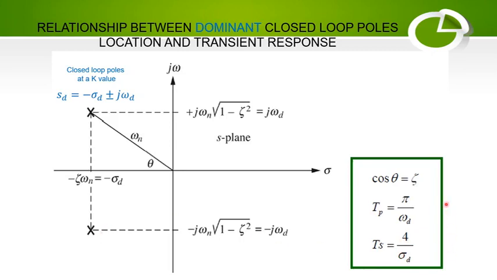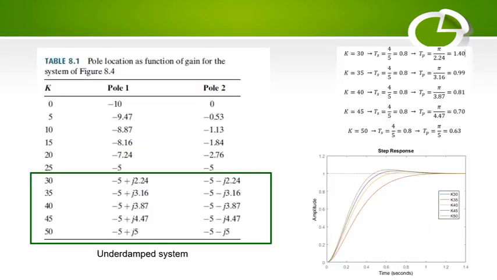So from these equations, we can see that the peak time and settling time of the transient response depend on the dominant pole's location. Now, let us come back to this table.